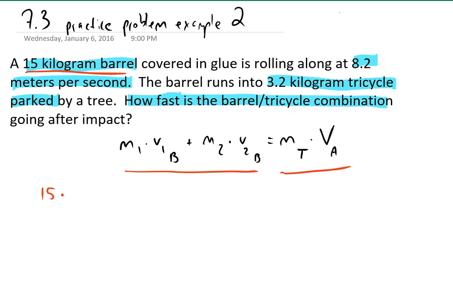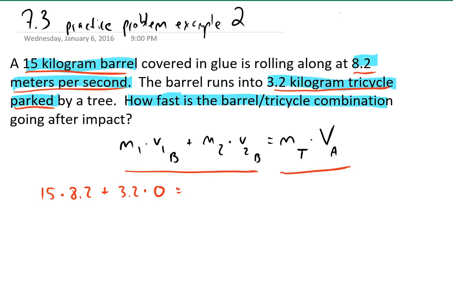So the barrel is going 8.2 meters per second. And that's going to be plus mass 2. The second object is our 3.2 kilogram tricycle. So we've got 3.2 multiplied by the velocity of our second object, our tricycle. And the tricycle is parked, so the velocity there is going to be 0.